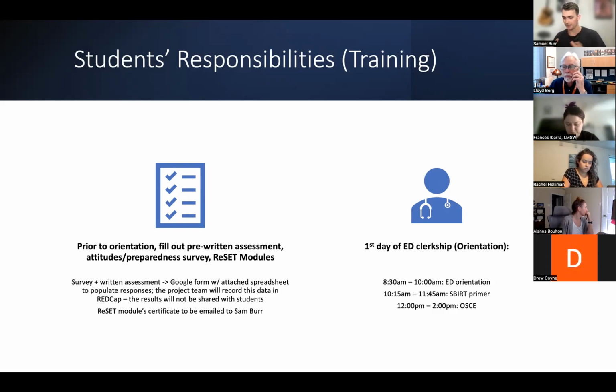So just to be clear, the ED clerkship is 1 month as opposed to the usual 2. So we'll have 4, maybe 5 students per month who are going to go through this training. And there's 6 total sim rooms at the HLB.